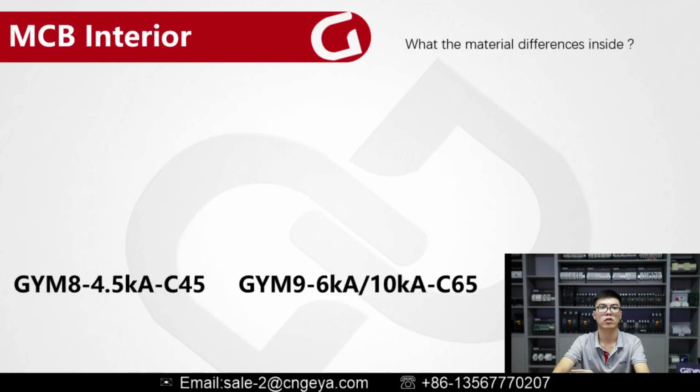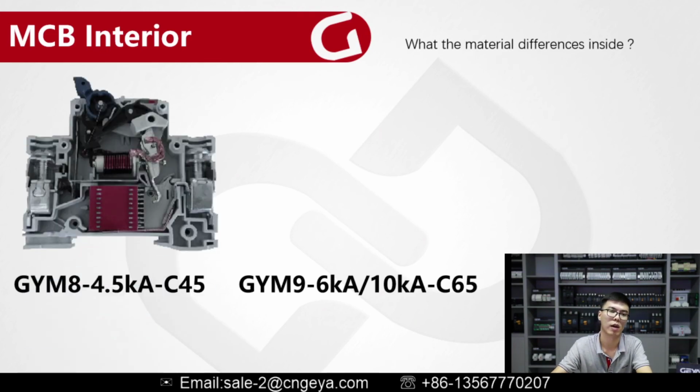I have mentioned it is GM8 model. The body structure is C45, and our GM9 is C40 and C65. So let's see the differences inside. This is GM8 I have mentioned and showed you the picture.